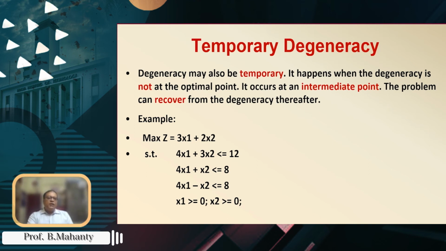So here is the problem. Maximize z equal to 3x1 plus 2x2 subject to 4x1 plus 3x2 less than or equal to 12, and 4x1 plus x2 less than or equal to 8, and 4x1 minus x2 also less than or equal to 8, and x1, x2 greater than or equal to 0.